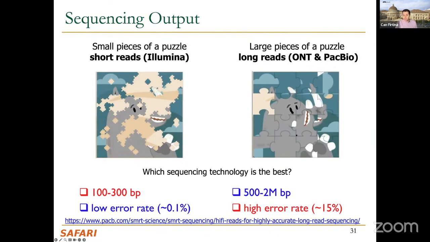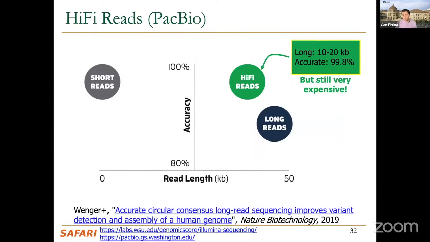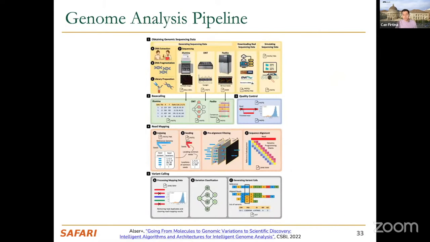So there are these trade-offs, and this is the picture that I showed you earlier. This is perhaps the trade-off chart that you can observe here. These are the two main ideas or technologies behind DNA sequencing. We covered the sequencing idea behind Illumina, and the sequencing idea behind Nanopore sequencing.